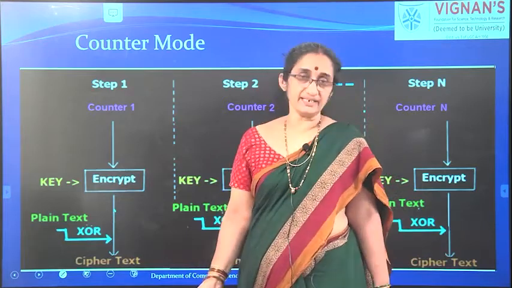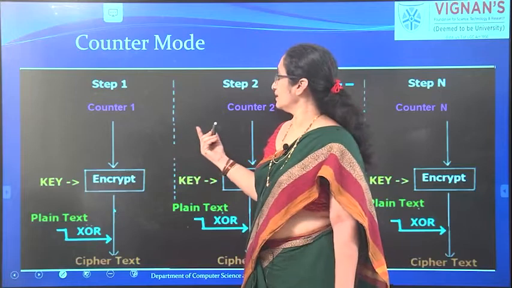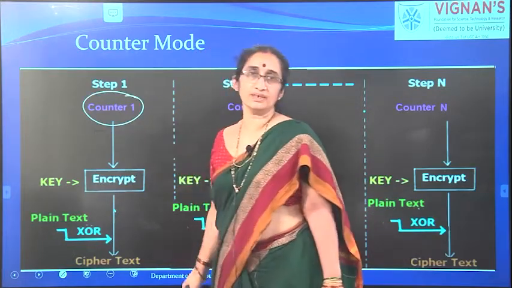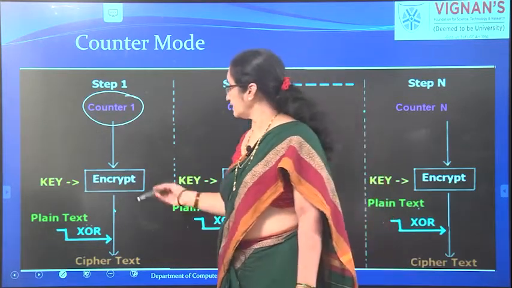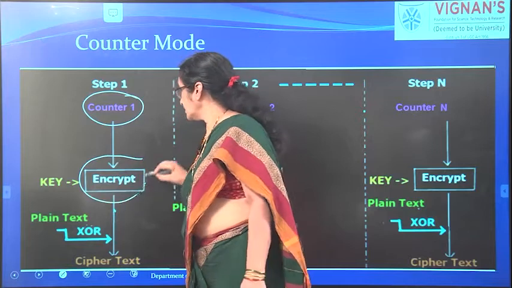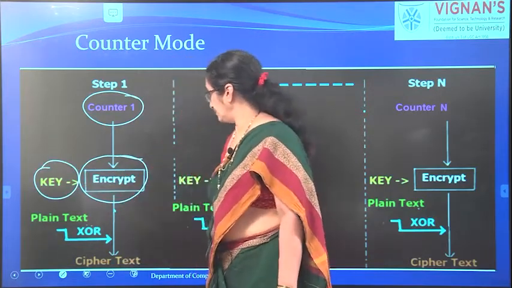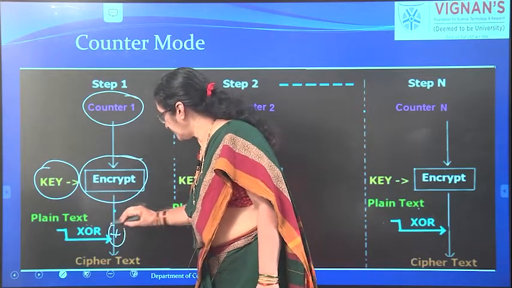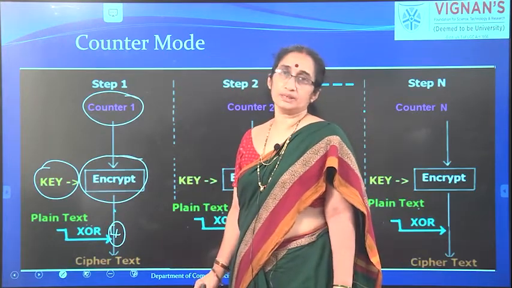Here the sender and receiver both will think one number, and it can start from 0 or they can start with some number, and they will initialize the counter with that particular number, and that is encrypted using the key, and you get the data and you XOR it with the plain text, so that you get the ciphertext.